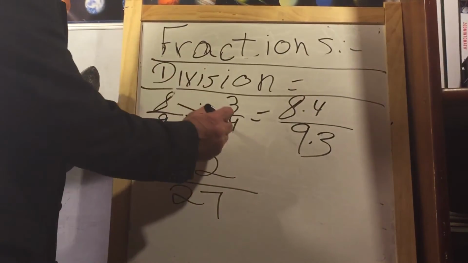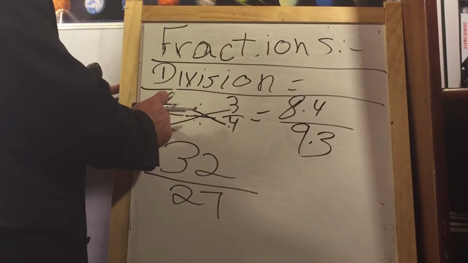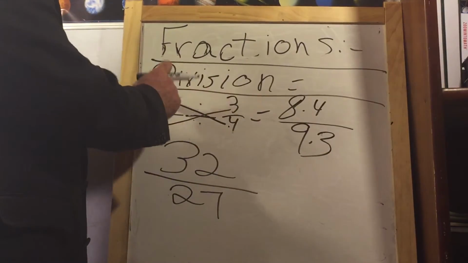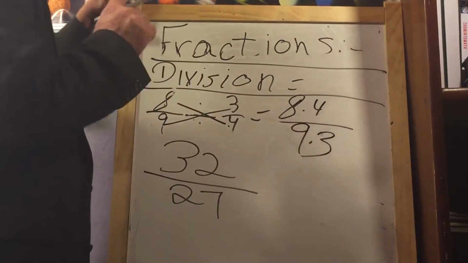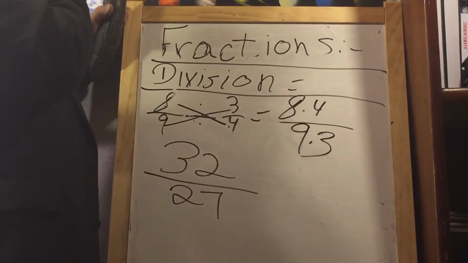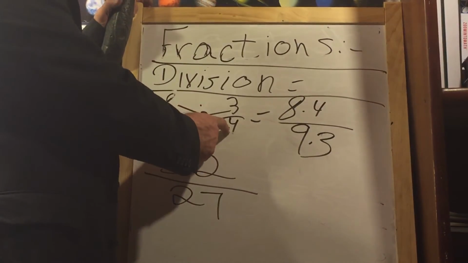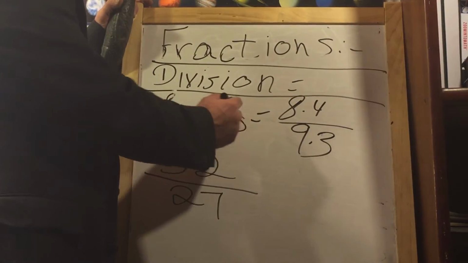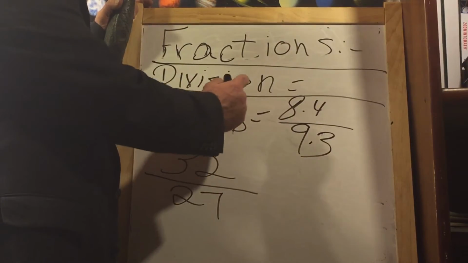Okay, 4 times 8. Remember, you don't multiply 4 times 9 or 9 times 8 or 3 times 4, no. You have to do it mathematically, exactly as the rule says. So it's this one times this one, and this one times this one.